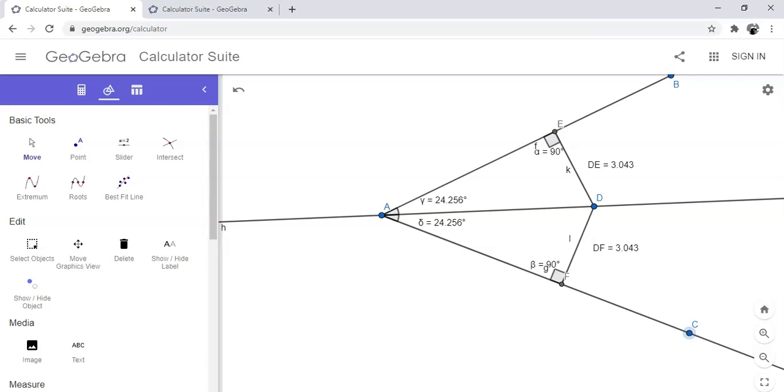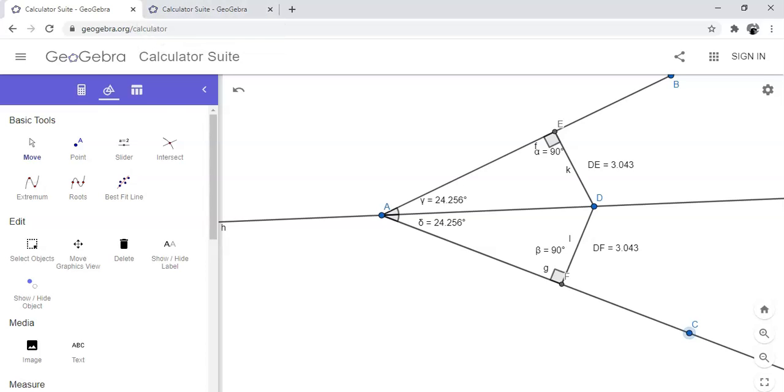Now note that this is true primarily because this is a right triangle, right? However, in all honesty then, if we knew that the angles here were congruent, that would probably be enough for us, right?